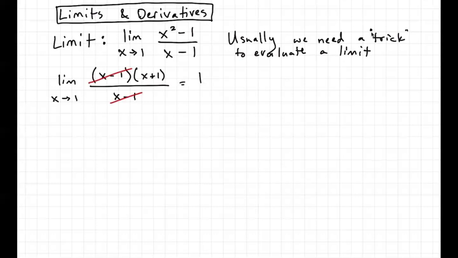And this limit is equivalent to the limit x going to 1 of x plus 1. And now we can, in fact, just plug in 1. And if we do that, we get 2. So the limit of that original expression, which was undefined initially the way we wrote it, is 2. And we evaluated the limit in this case by expanding that quadratic on top and canceling the root at 1.